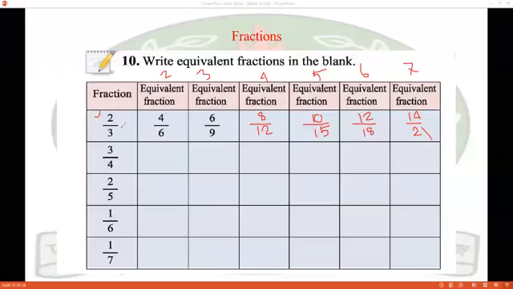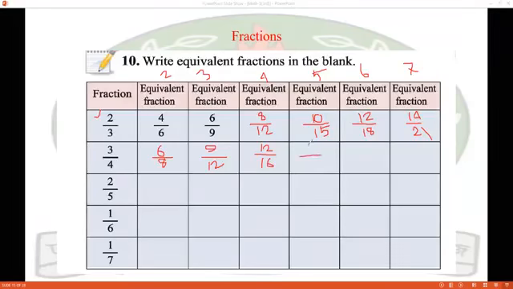In the same process, we can find out other equivalent fractions. Here we can write 6 by 8. Here we write 9 by 12. Here we write 12 by 16.